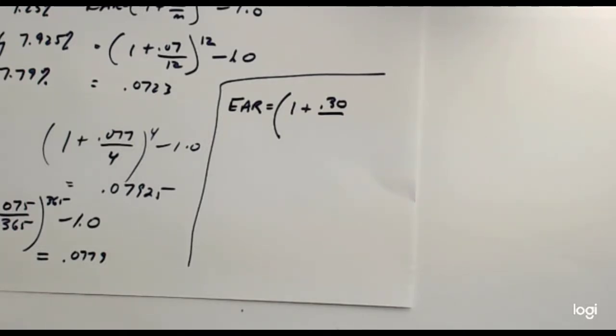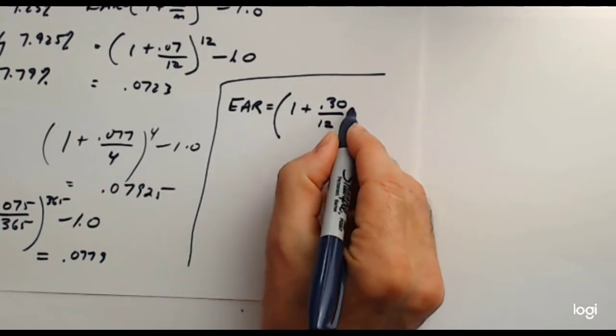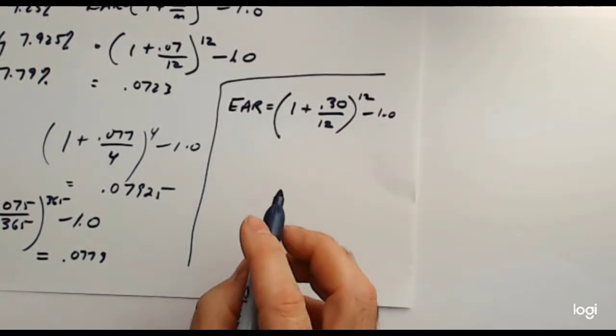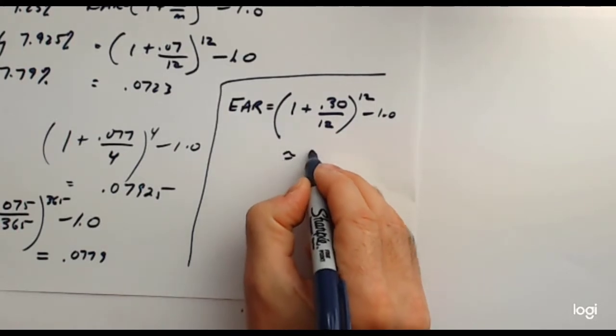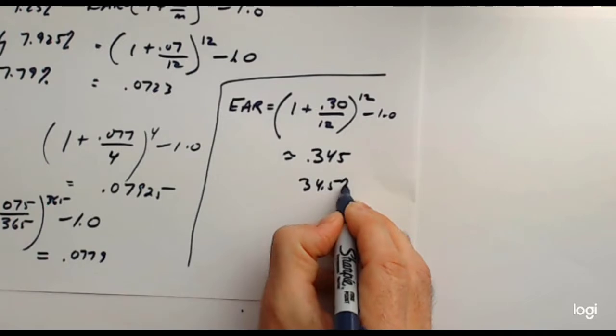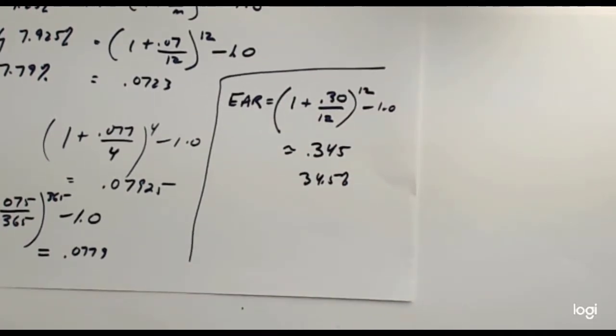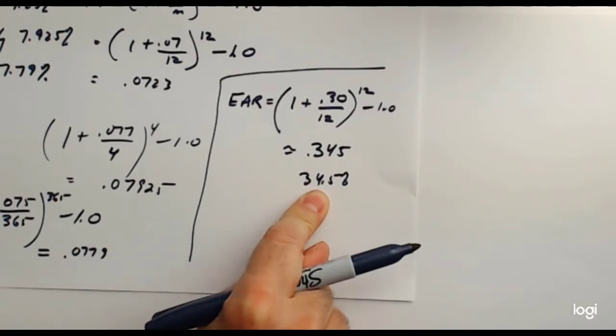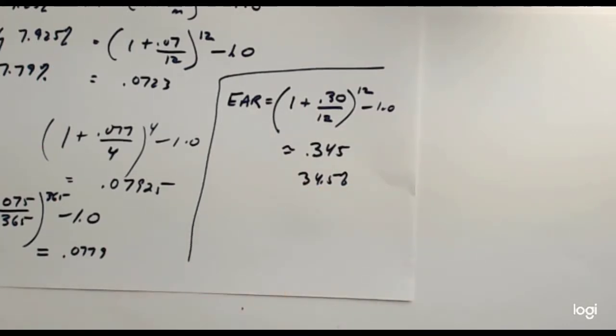But let's just assume it's monthly. If we assume monthly, the effective annual rate is about 34.5%. So if you borrow money with a credit card and you don't pay it off, you're effectively paying almost 35% per year in an effective annual rate.